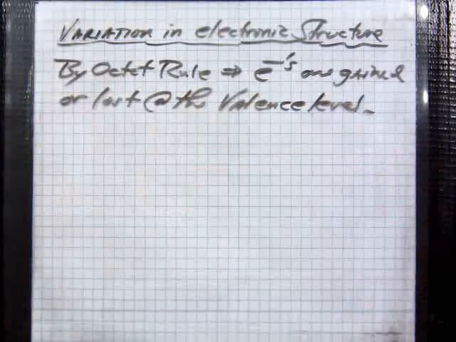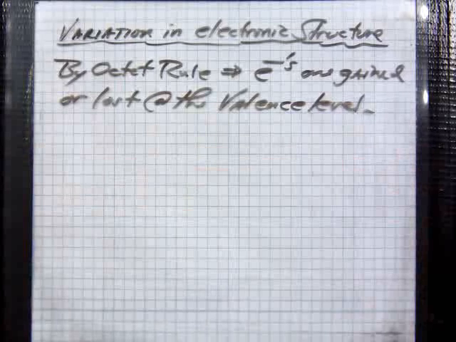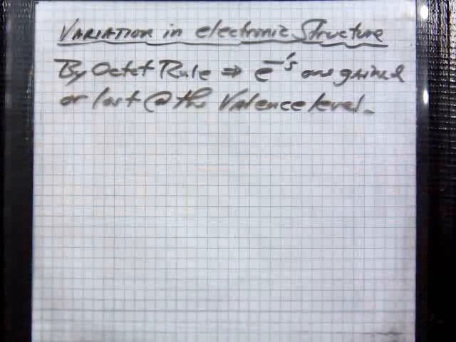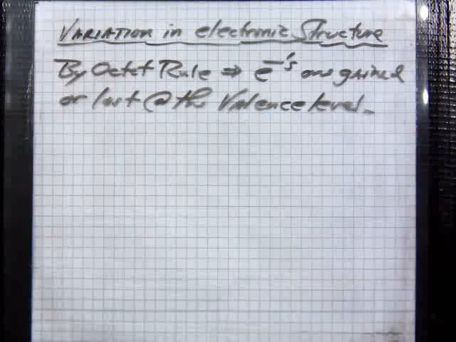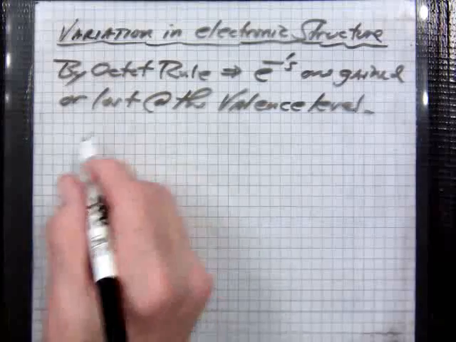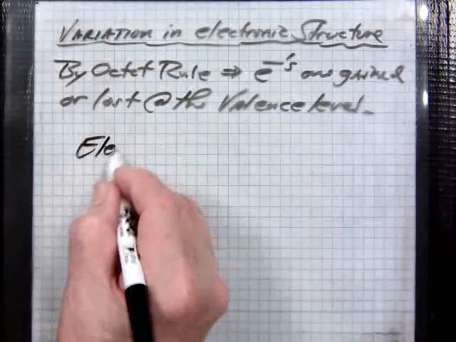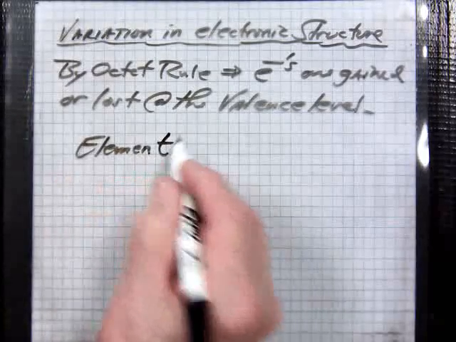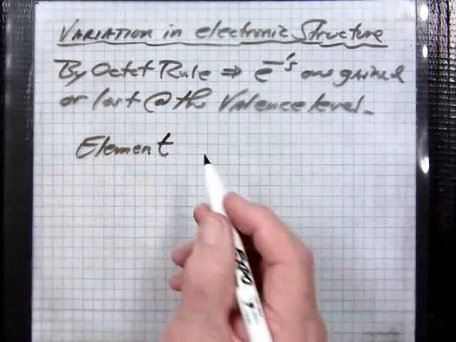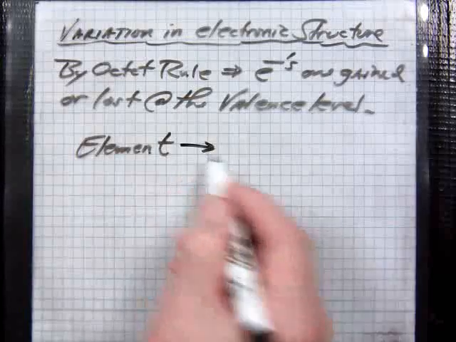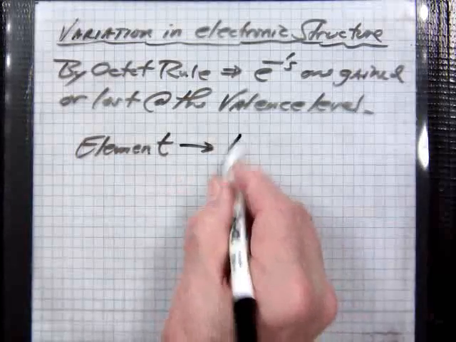So the first thing we need to understand is that an element that gains or loses electrons goes to ions.